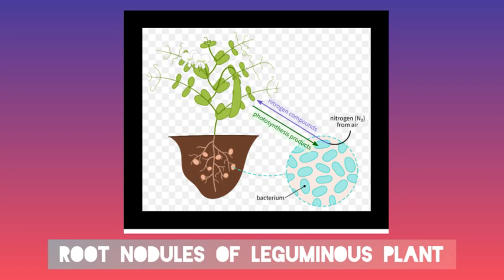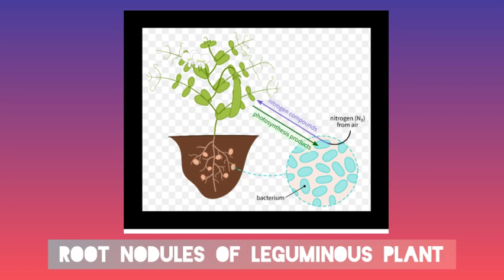There are several microorganisms which are useful for us. Let us see here root nodule of leguminous plant. As you can see in this picture, the root nodule means the swollen rounded portion which are present on the roots, and these root nodules have specific bacterium which is called as nitrogen fixing bacteria.